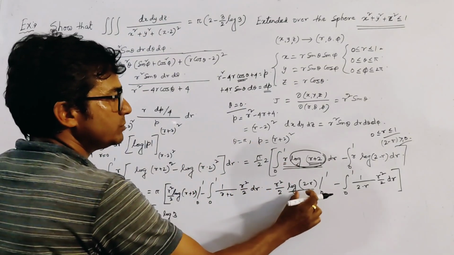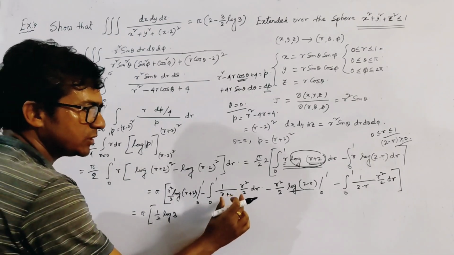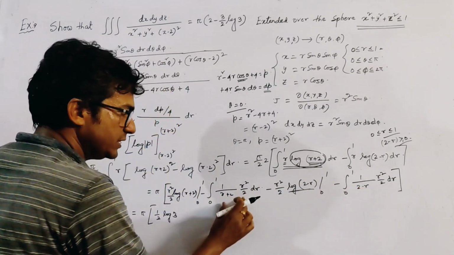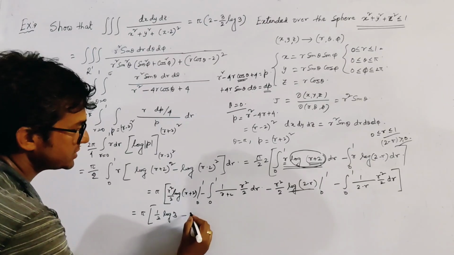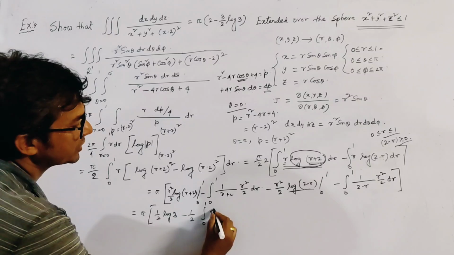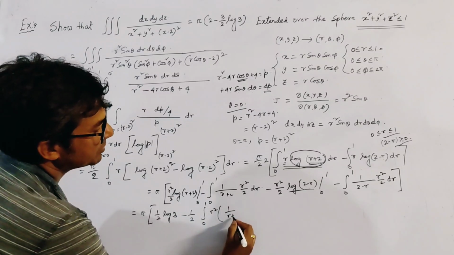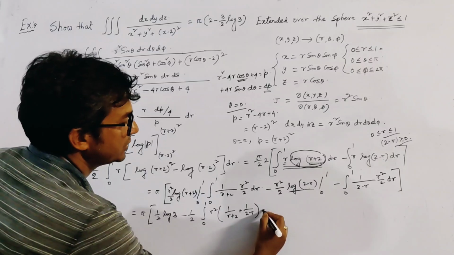So the contribution of this term is 0 here, and we get another 2 terms remaining. So we add these 2 terms as half into integration 0 to 1 r square [1 by (r + 2) plus 1 by (2 − r)] dr.